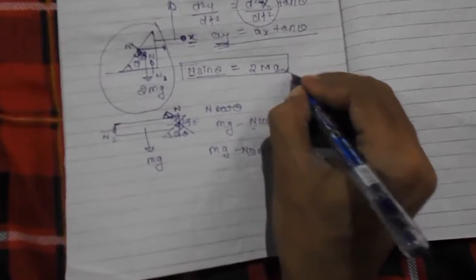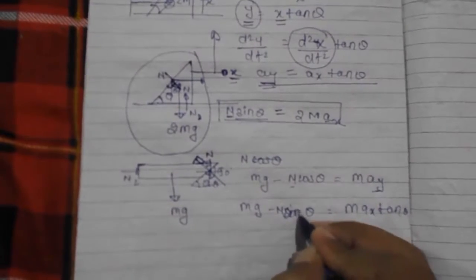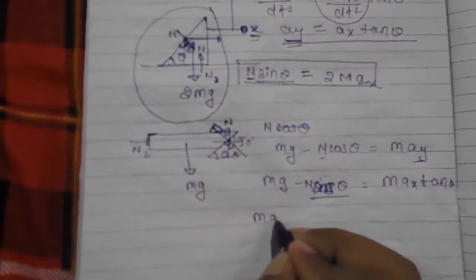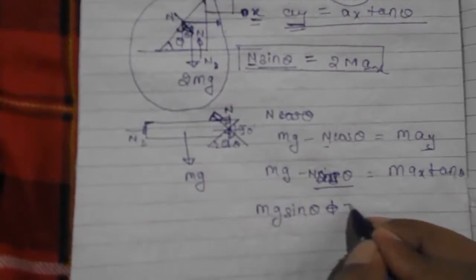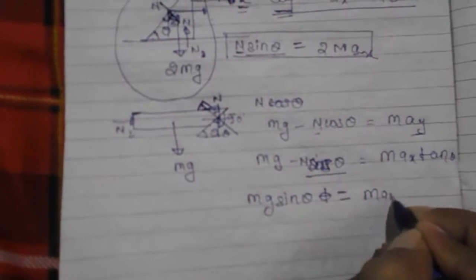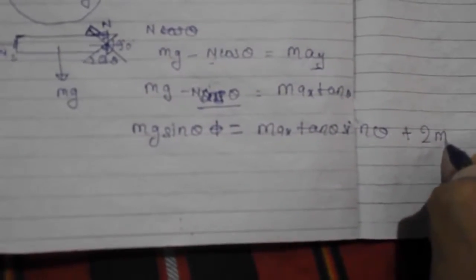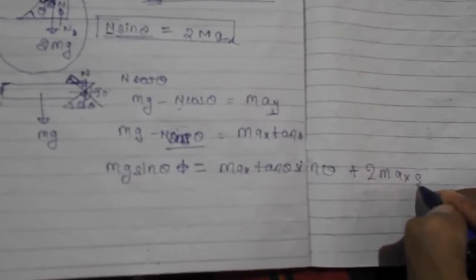Let me write it down, ax. Okay, this is cos theta, no? This is cos theta. So if you look at this very carefully, I can write mg sin theta plus, this should be equal to m ax tan theta sin theta, plus 2m ax cos theta.